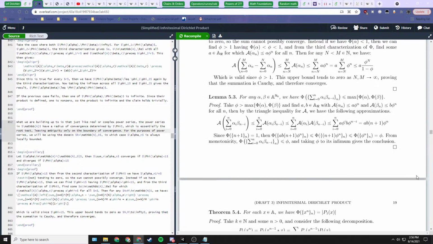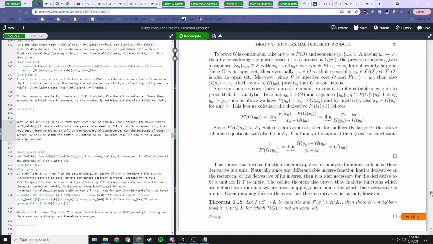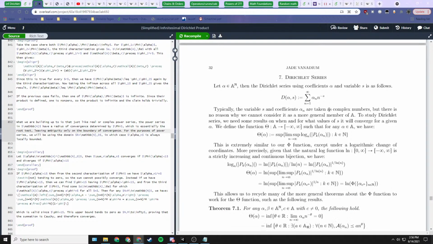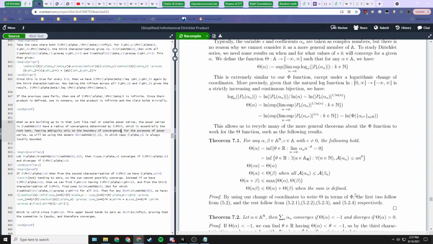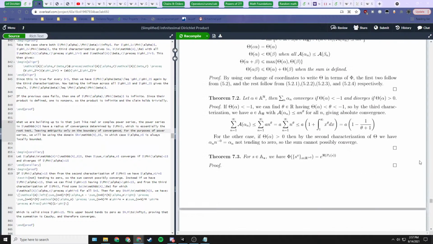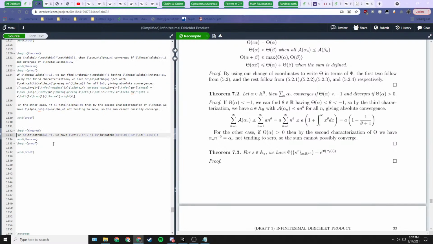Okay, now that I fixed that, let's go back down here and fix it here as well. I think this is fine actually. The only place that we're using this different convention is right here. Okay, so for s in A star, phi s power r.